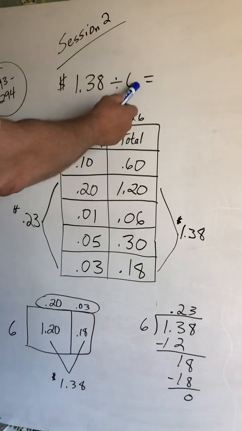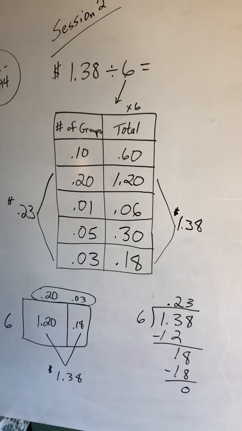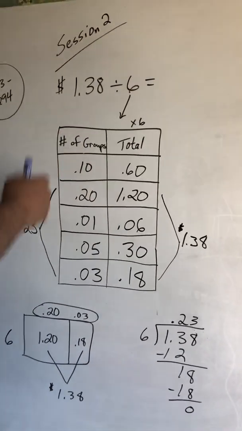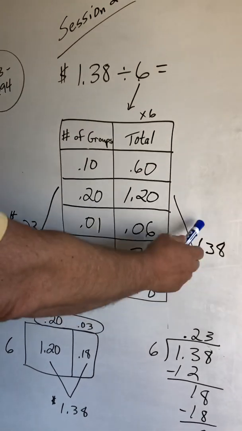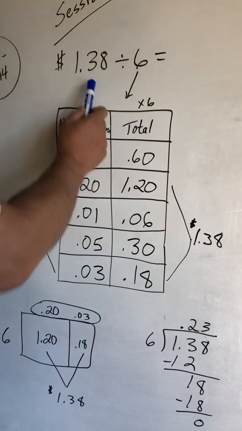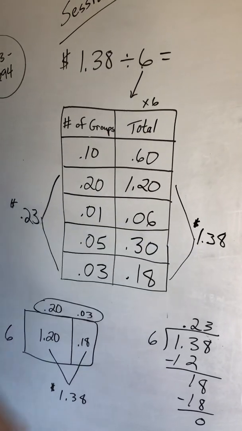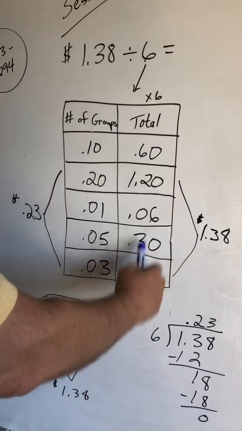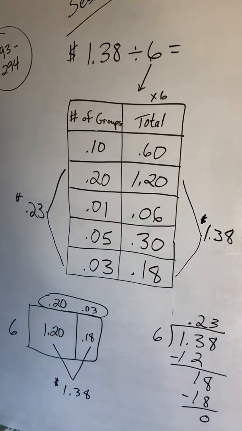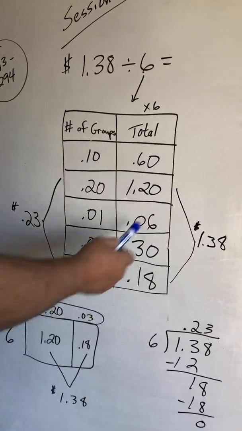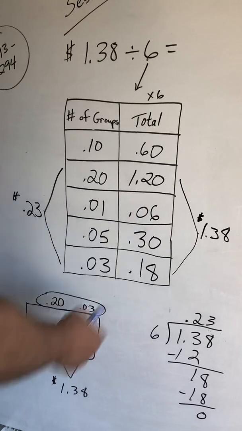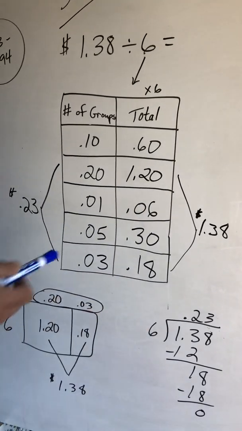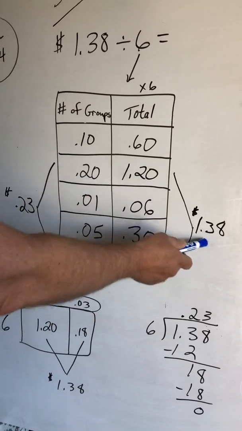So you just take the divisor, and that's your ratio table. So this ends up being groups of money, total money, and you want to get to that $1.38, okay? So over here, you're trying to combine amounts, and the book gave me 60 cents, $1.20, 0.06, 0.3, and then I'm like, wait, if I have $1.20, I only need 18 more cents.